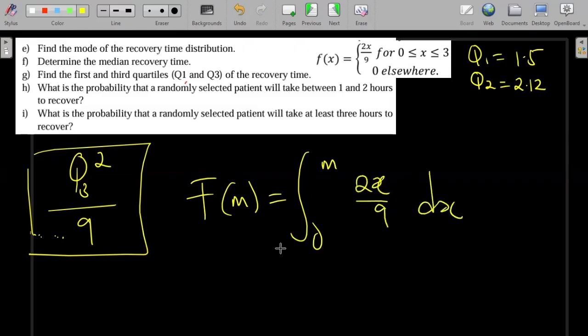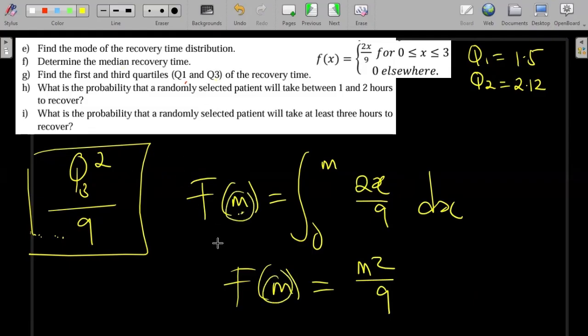When we evaluated it, we found the CDF was M squared over 9. I put M there because I was finding the median. Now when you're finding Q3, just replace this M with Q3. That's what you are seeing there.